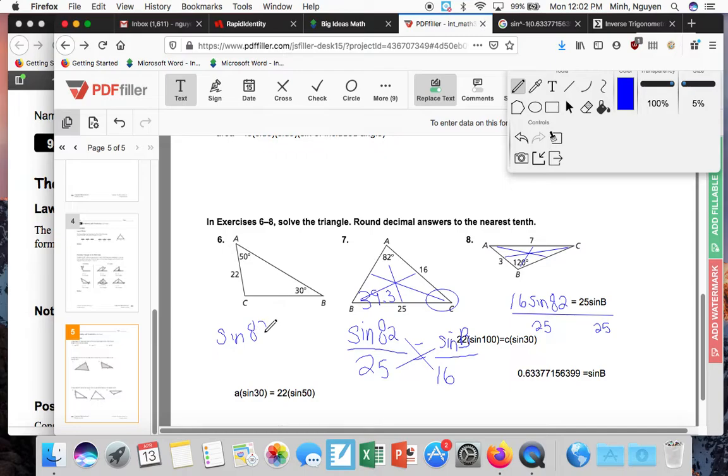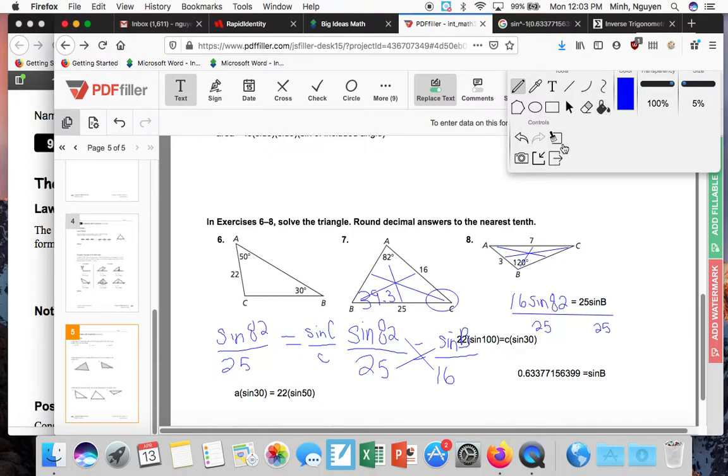Sine 82 over 25 equals sine of angle C, which you can get by taking 180 and subtracting these two numbers, over side C. After you plug this angle in, you'll cross multiply, and then you'll divide both sides by sine 82, etc.